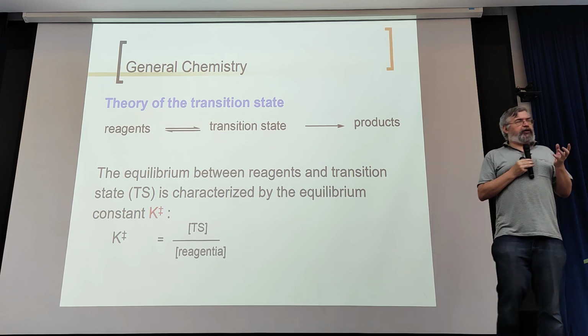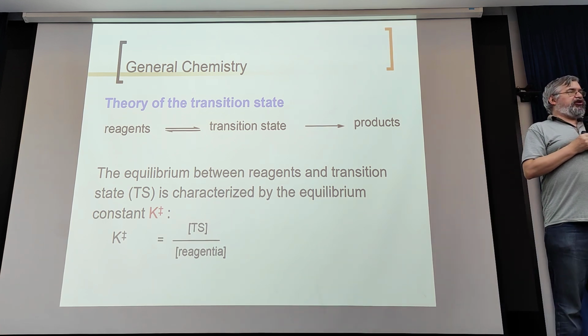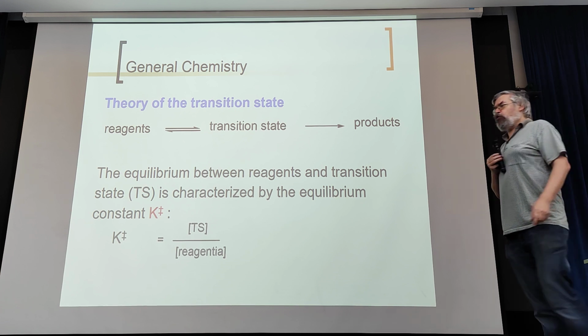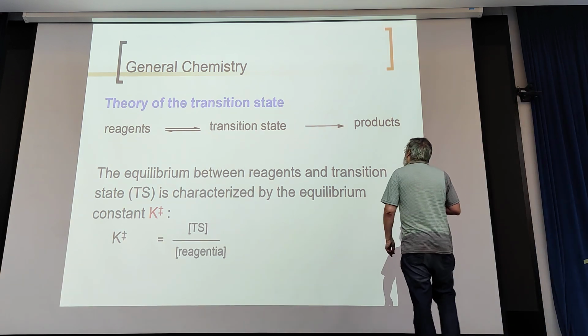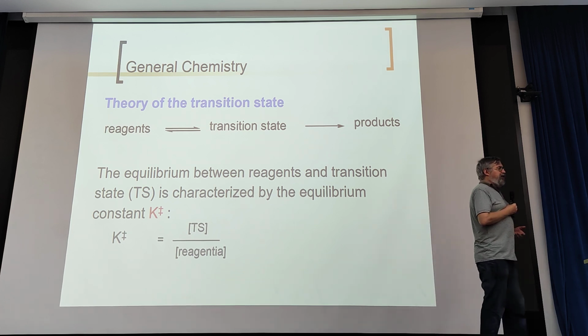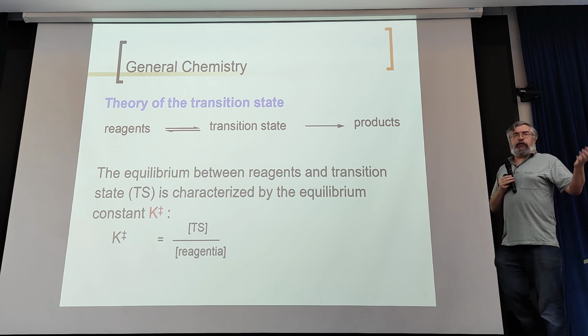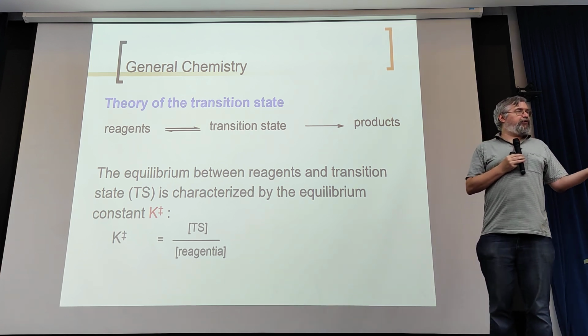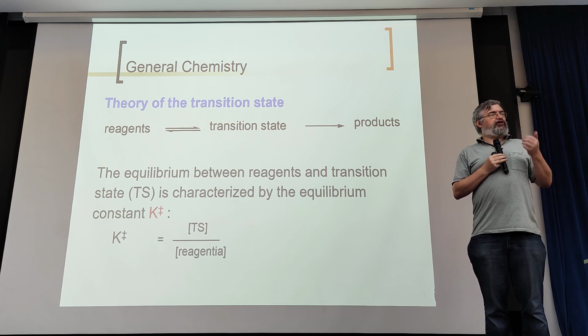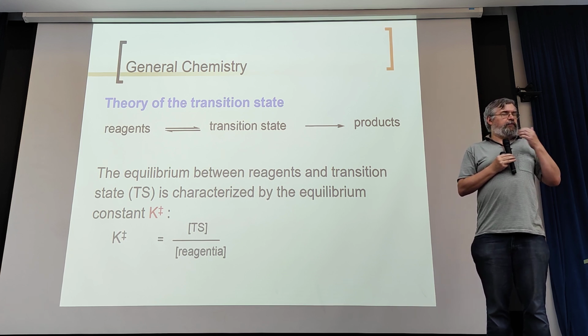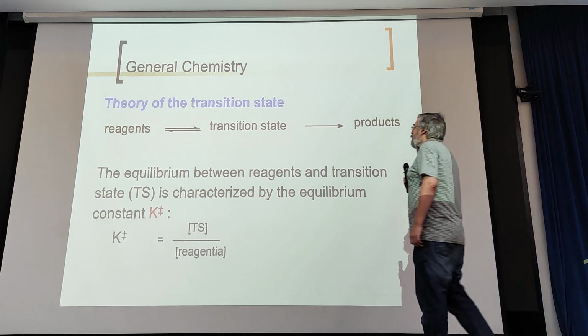So, the second theory is the theory of the transition states. I already introduced this concept in the reaction profile. We had this activated complex, which is actually the transition state. In this theory, you could say it's as if there is an equilibrium, and we'll talk about equilibria in the next chapter, but it means the reaction is going back and forth between the products and the transition state, and between the transition state and the reagents.